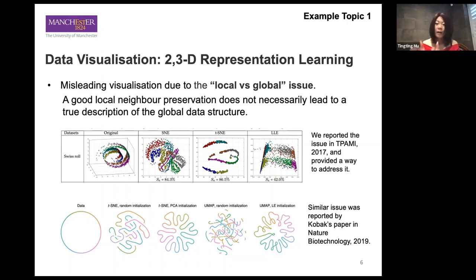And the algorithm in the right column preserves the global structure pretty well, but unfortunately its local neighbor preservation score is not very satisfactory.